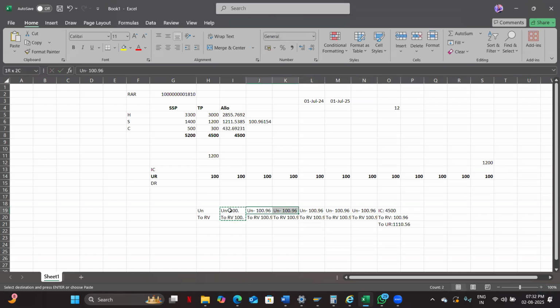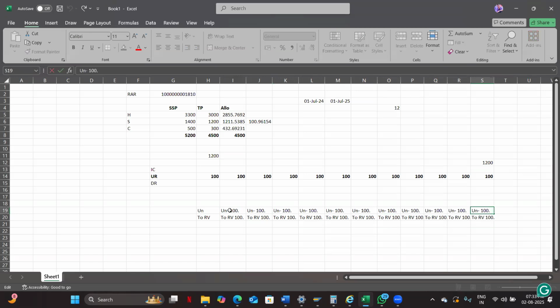What happened here till 12? The same thing happened. If the customer paid last time, here it is not unbilled. Here IC to RV happened. IC is how much? IC is 1200.